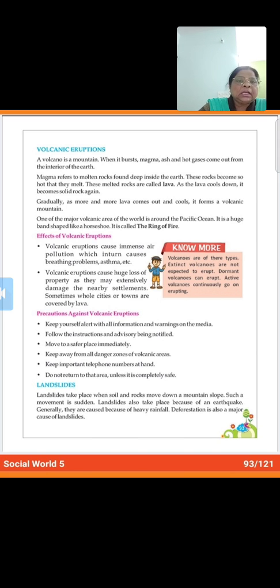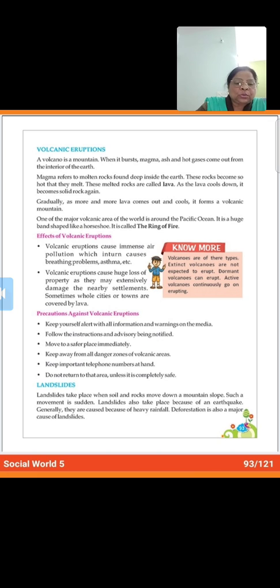Magma is molten rock that is under the ground. And lava is the molten rock that breaks through and comes out from the earth's surface. And when this lava cools, it again changes to rock.